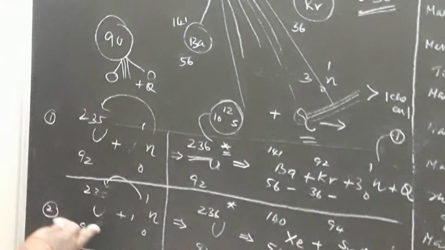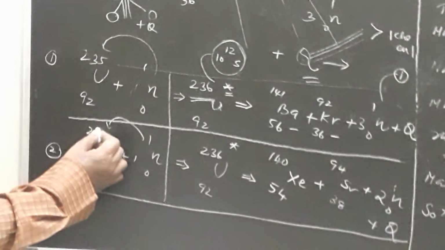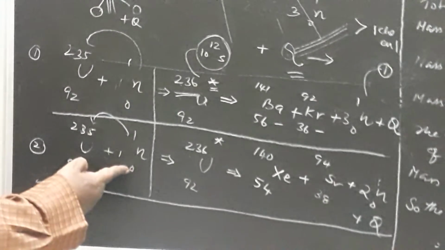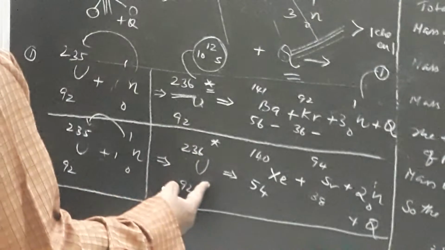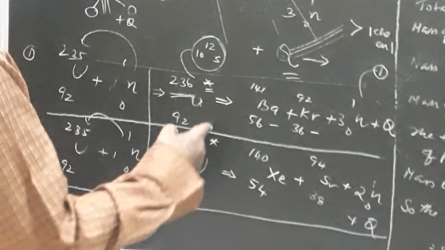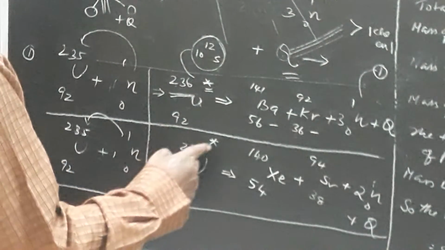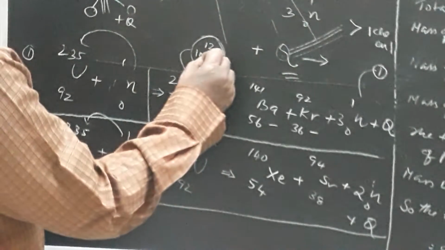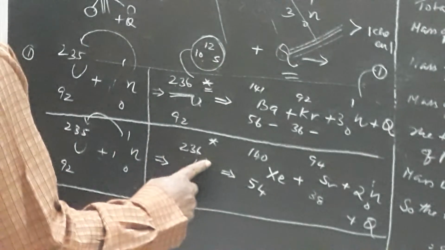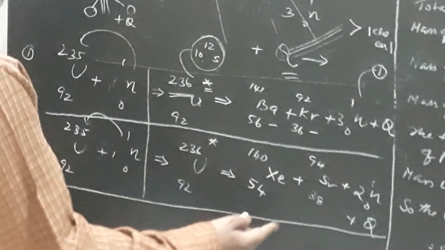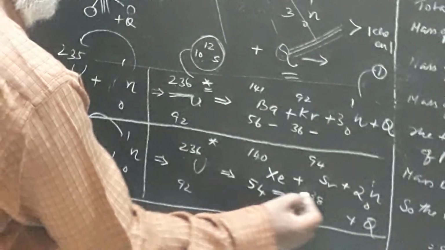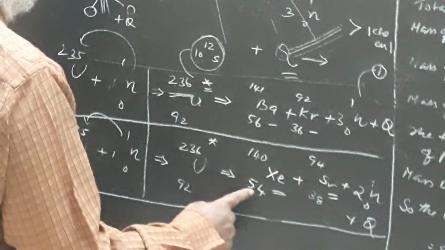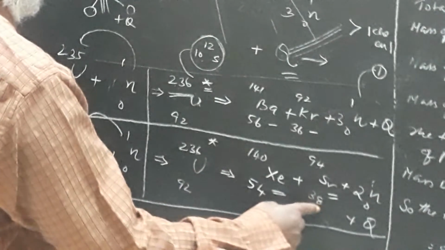Another method: uranium 235 absorbs one neutron, so that it is converted into a uranium isotope and moves to the excited state, 236 star, 92. It stays in the excited state for 10 power minus 12 seconds. After that, it decays into xenon and strontium, with atomic numbers 54 and 38.